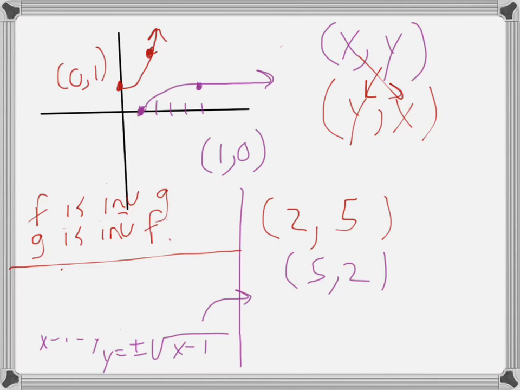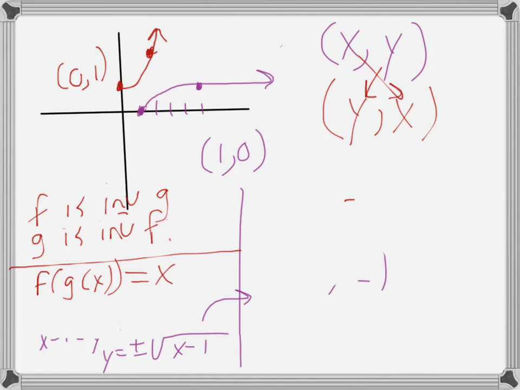Well, if two functions are inverses of each other, the composite f of g of x is always equal to the letter x, okay? And similarly, you also have the fact that g composed with f of x is also equal to what?